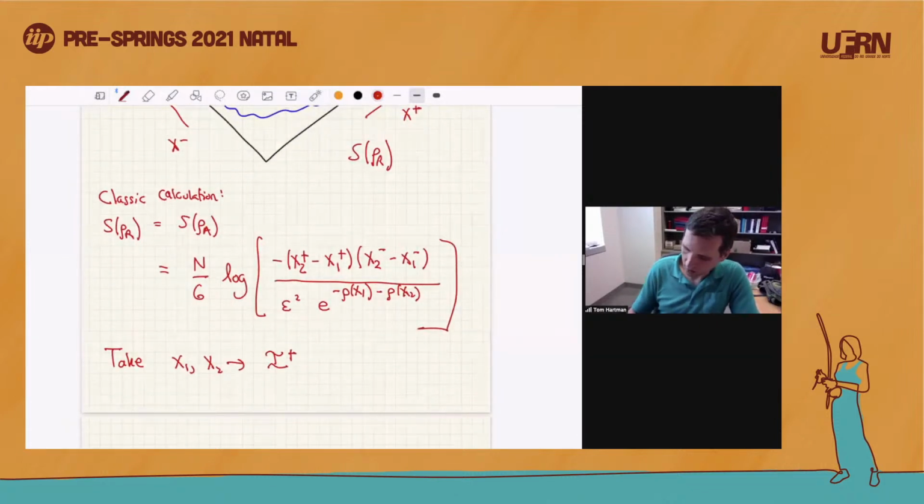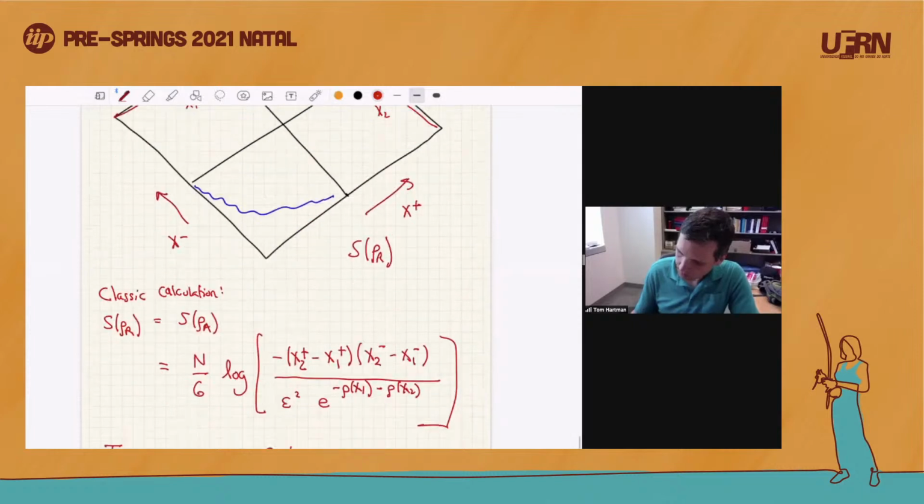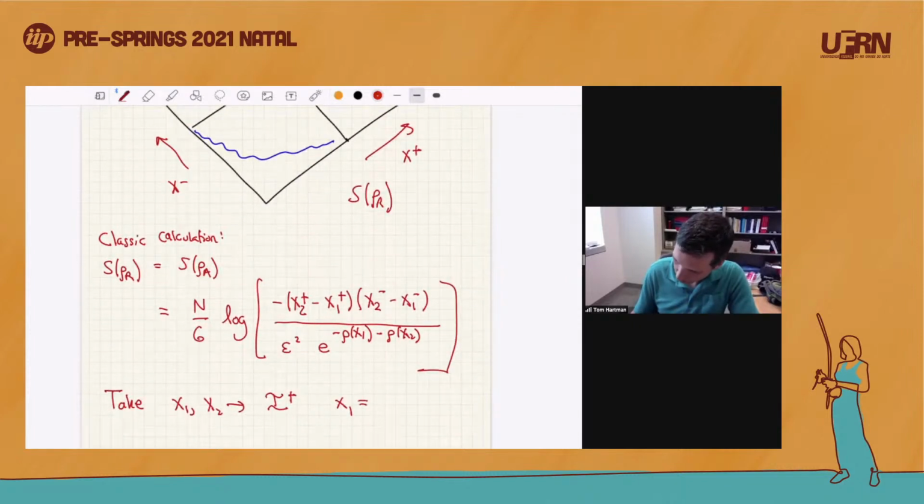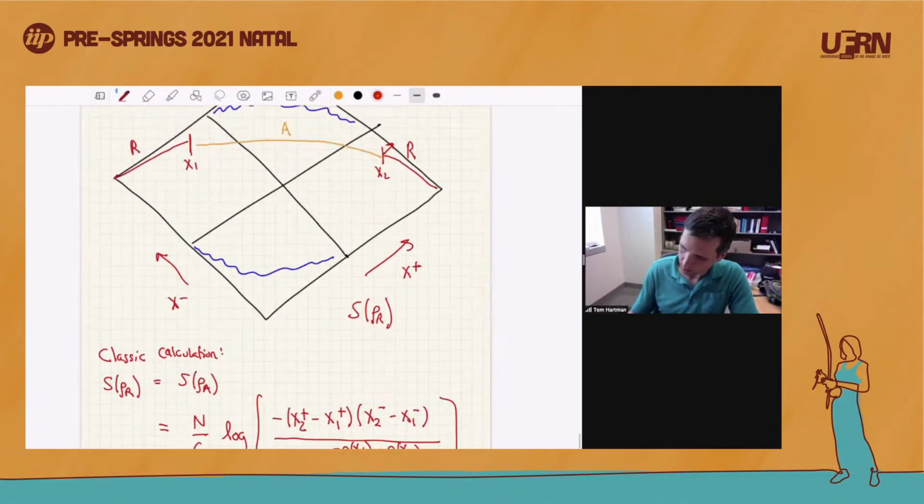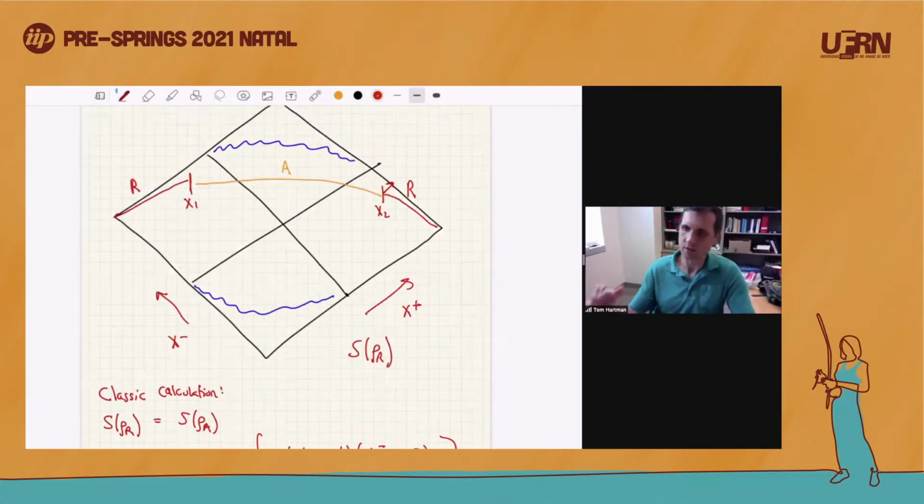And I'm also going to take x1 to be x2 reflected. So I'll just take these points symmetrically up towards scri plus, as drawn in the picture.